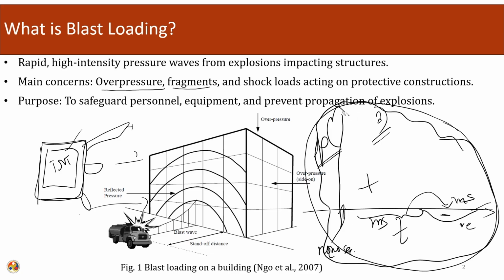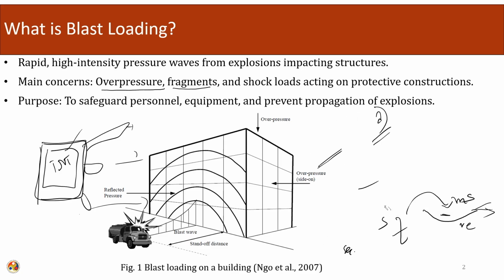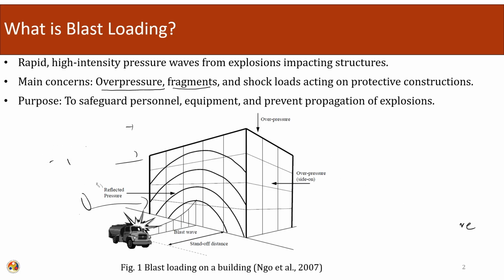This fragmentation process is also a concern, because it can damage the structure and it is with a very high velocity. And there is a shock front also that forms during a blast load. So these three things are the main concern during a blast loading.